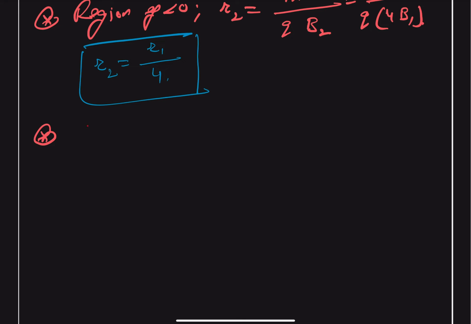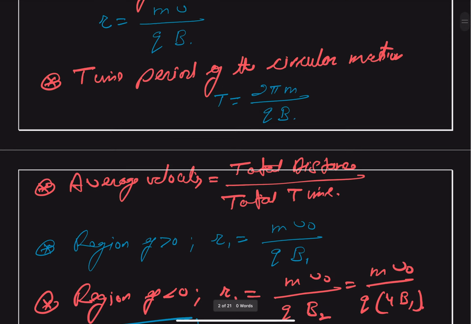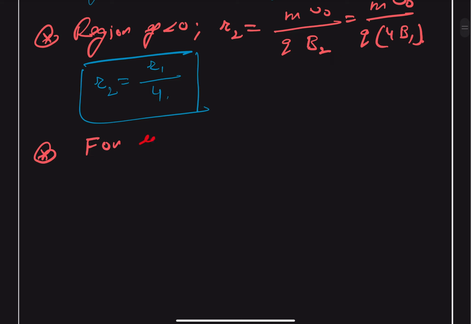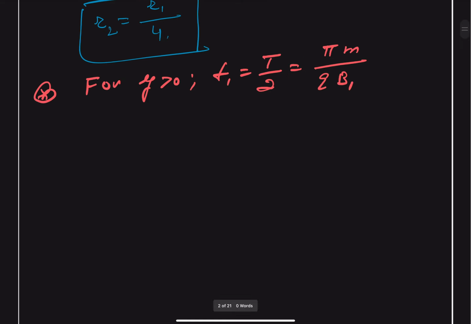Because it is a semicircle, for y greater than 0, t1 will be equal to capital T divided by 2, and this comes as pi m q by b1.